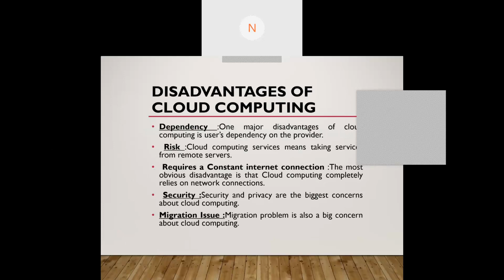If I do not have a trusted person, I will not want to go, because my data is with them. Whatever data I'm sharing, my confidential data, will be visible to the cloud service provider. So there is a lot of dependency between the user and the service provider. That is one of the disadvantages, wherein if you can't trust the service provider, then you would not want to go to them, right?